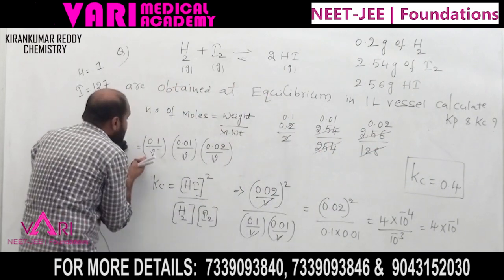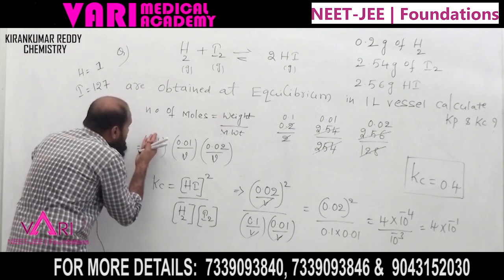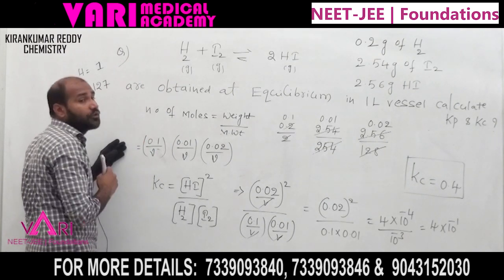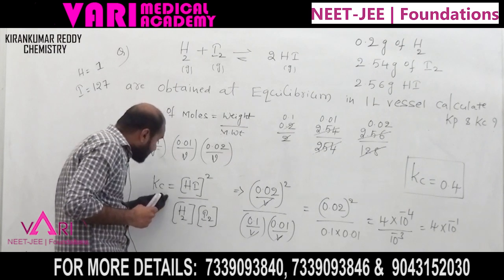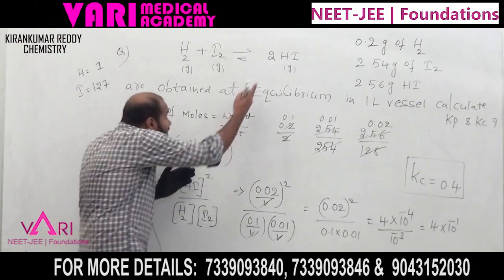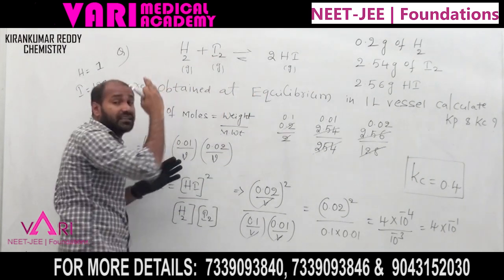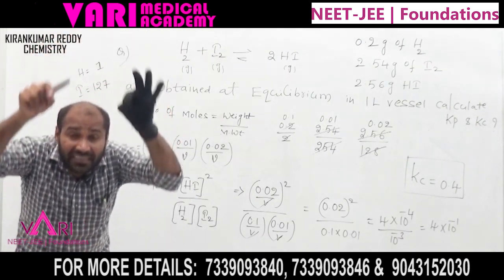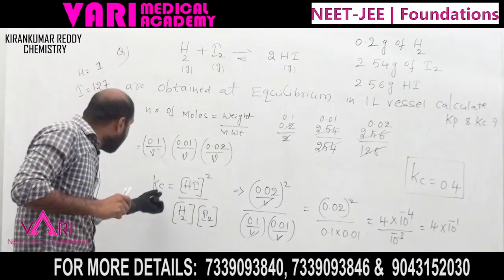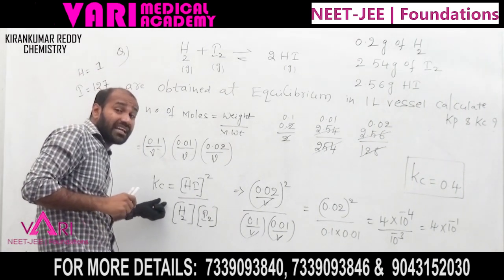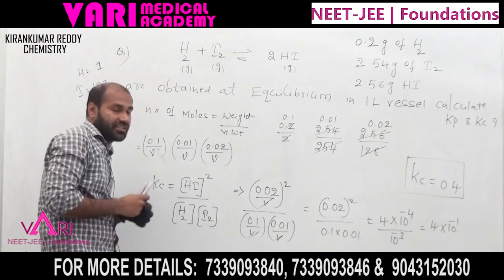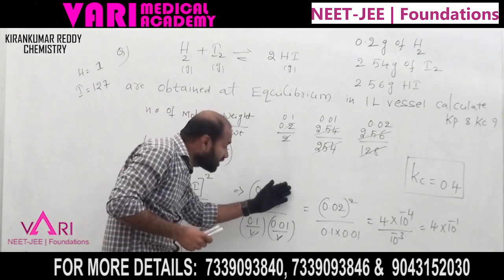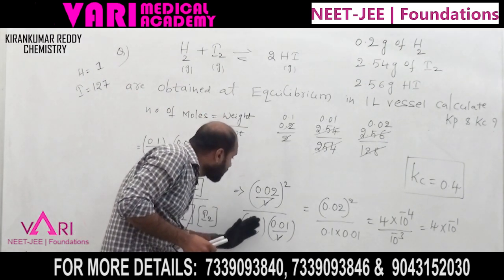After that I am writing concentration, which is equal to number of moles by volume. Now the Kc expression is product concentration by reactant concentration, the equilibrium constant in terms of concentration. Here I am taking 0.02 whole square by 0.1 into 0.01.